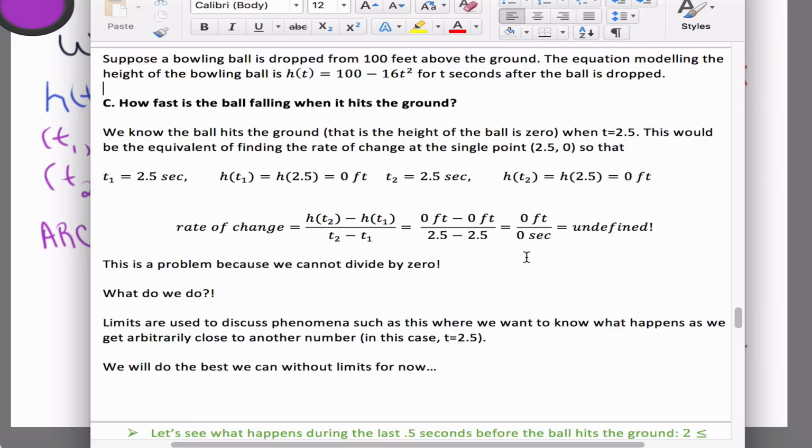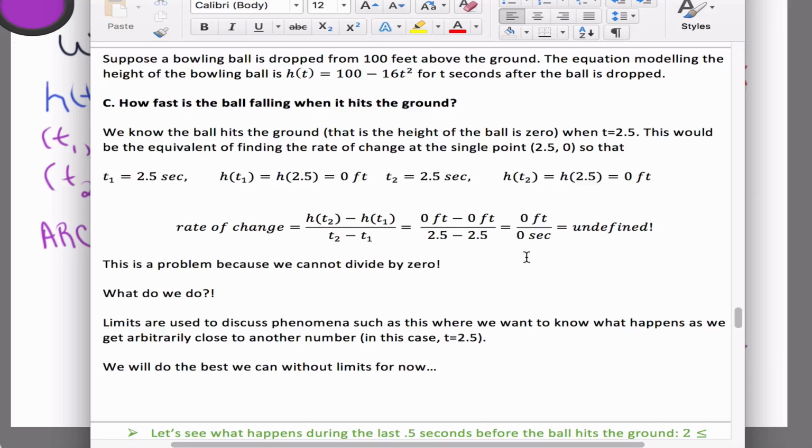It doesn't work. So this is the case where we actually need limits, because you can't find the average rate of change using the same point twice. In this case, we need the instantaneous rate of change, which is what limits are all about and what calculus is mostly about as far as differentiation. So this is what we'll be looking at in the near future, limits.